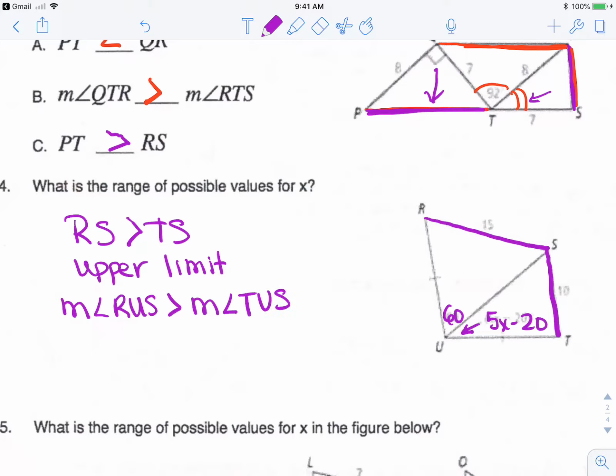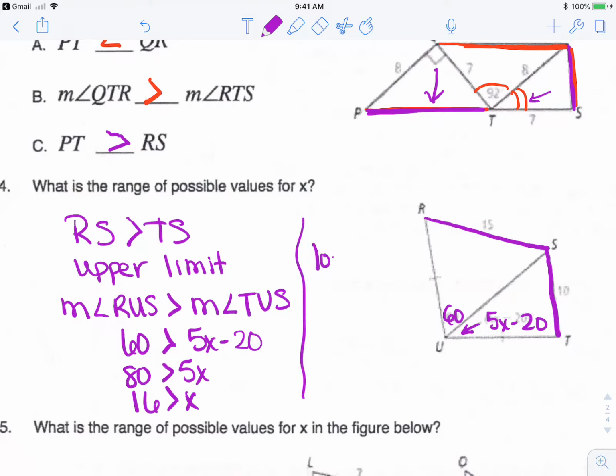The measure of RUS is equal to 60 degrees, but that is going to be larger than the measure of angle TUS, which is 5x minus 20. So I'm going to solve, and I will get that x has to be less than 16. That's going to be my upper limit.